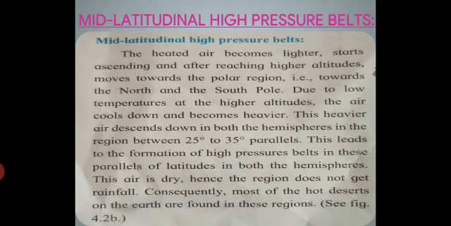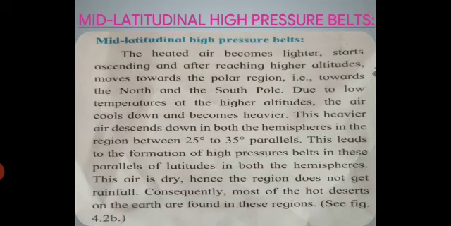This heavier air descends down in both the hemispheres in the region between 25° to 30° parallels. This leads to the formation of high pressure belts in these parallels of latitudes in both the hemispheres.